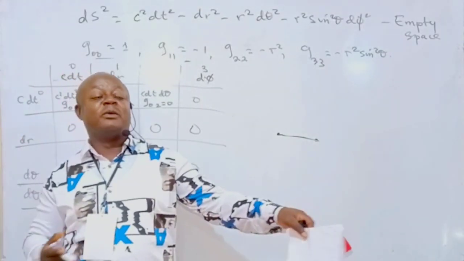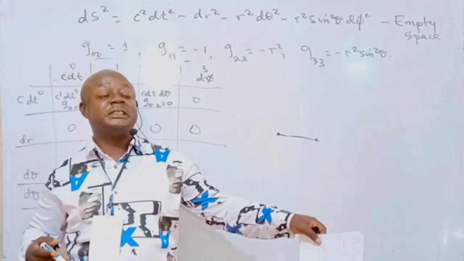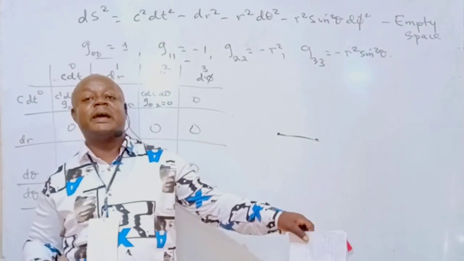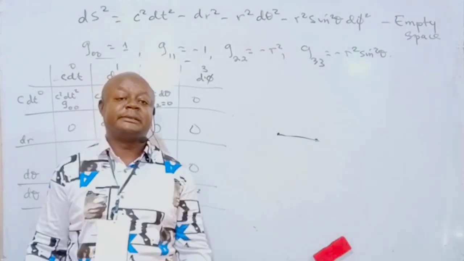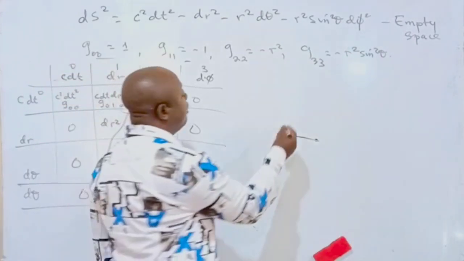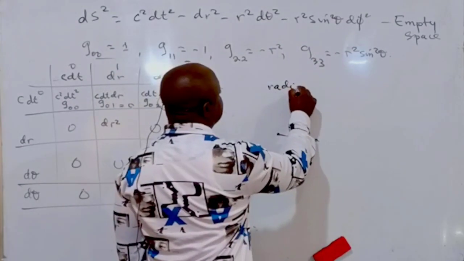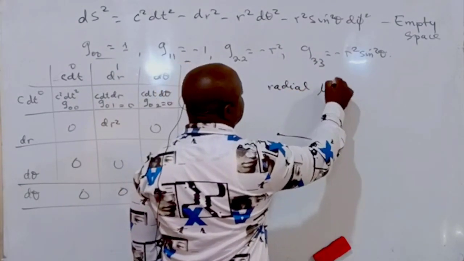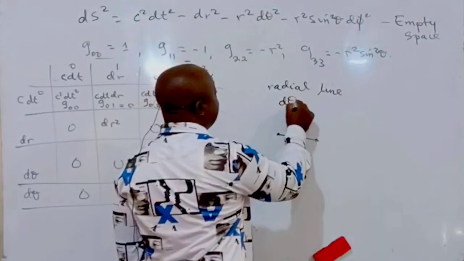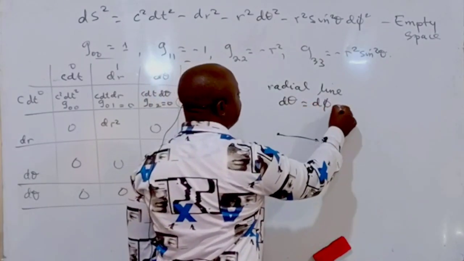We are moving along a radial line, the angles don't change. Theta remains theta, phi remains phi when you are moving along a radial line. So if we are moving along a radial line, d theta will be equal to d phi will be equal to 0.